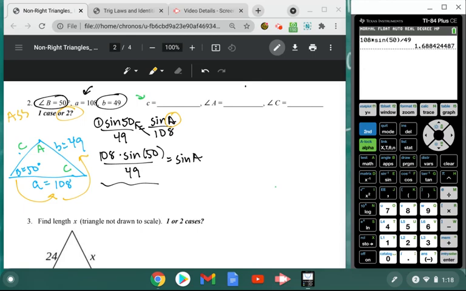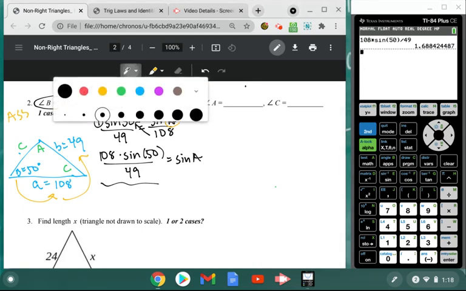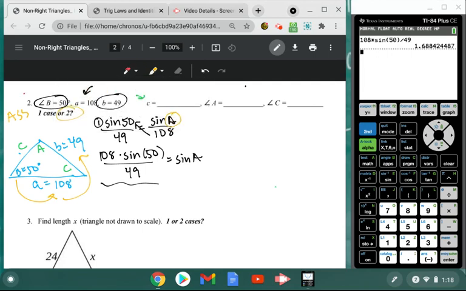Some red flags should go off right here. We just came up with 1.688 and change being equal to the sine of some number. Sine can only be between 1 and -1. 1.688 is too big. This is not a possible triangle.